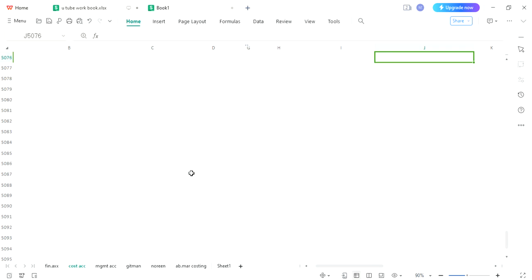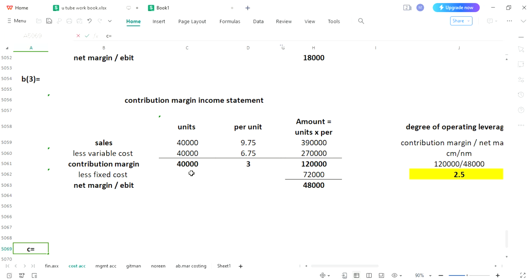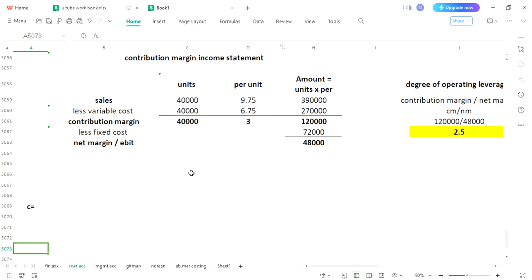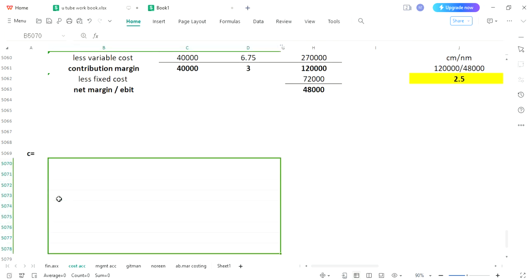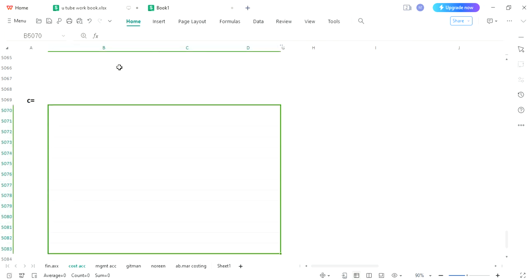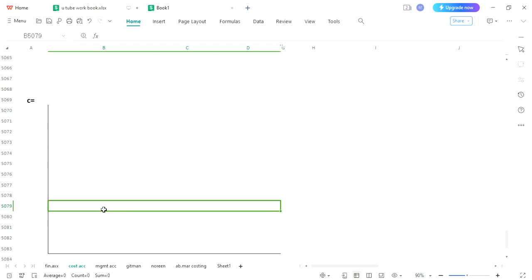So we are now going to solve our C part, where we are required to make a graph, and we will be making this graph over here. Let's fix the x-axis and y-axis. Over here, this is your x-axis, and we will also put our y-axis over here. Look over here, this is your x-axis and this is your y-axis.